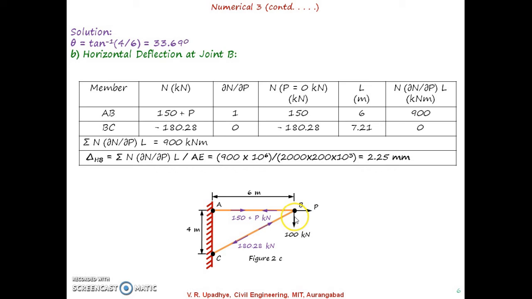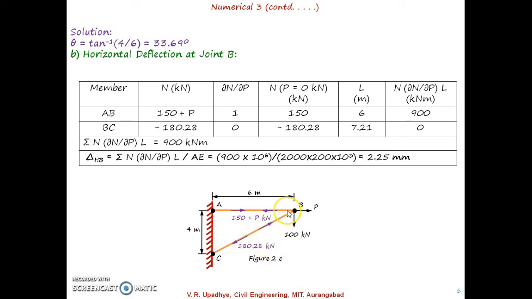As this 100 kilonewton force applied at joint B is vertically downward, the internal member force's vertical component must be vertically upward. So that gives the member force in member BC as compression, and FCB will be equal to 100 divided by sine of 33.69. That gives us the internal member force in member BC as 180.28 kilonewton.